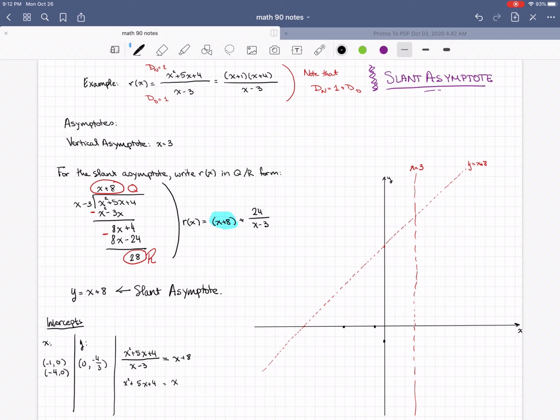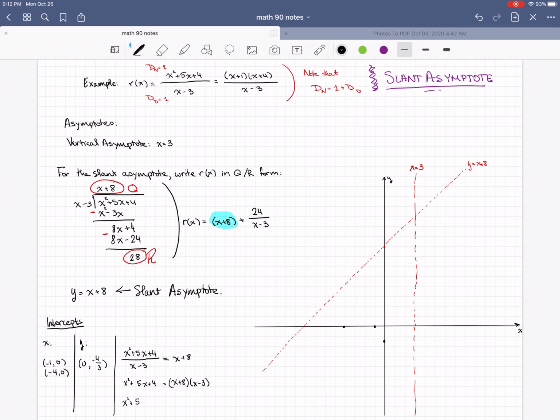On the right, we'll have to do some distributing. Okay, so we're going to distribute x plus 8 through x minus 3. And again, pause the video and do this as thoroughly as you need to.